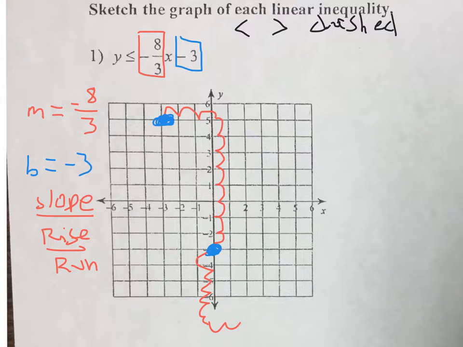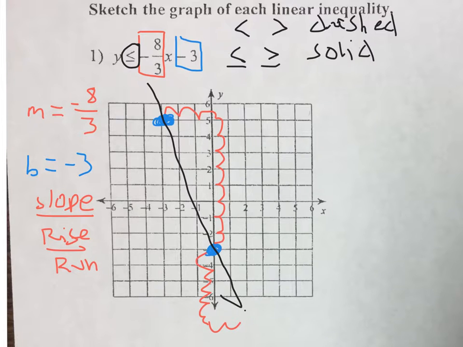And if you have a less than or equal to or a greater than or equal to, that is going to be a solid line. In this case, let's circle that inequality sign there. So it's going to be a solid line, and we are going to connect these dots with a solid line.